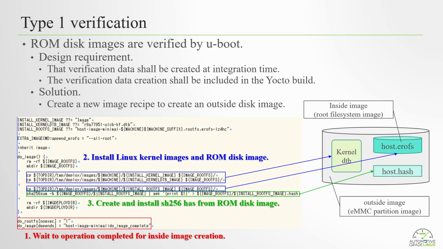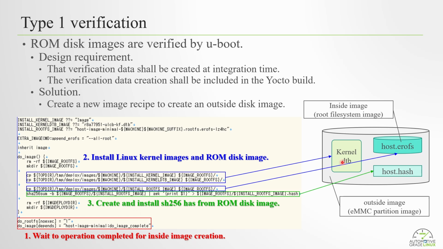First one, type 1 verification. Its ROM disk images are verified by U-Boot. Our proposed solution is to create a new image recipe to create the outside disk images. At first, wait for the operation to complete for our inside image creation.